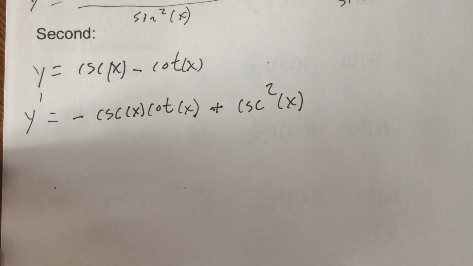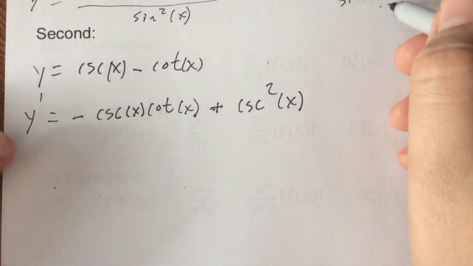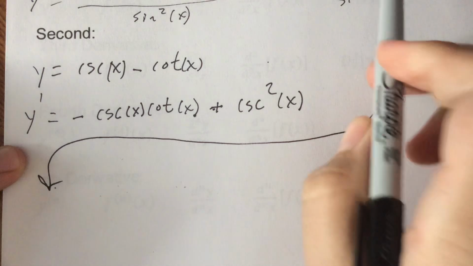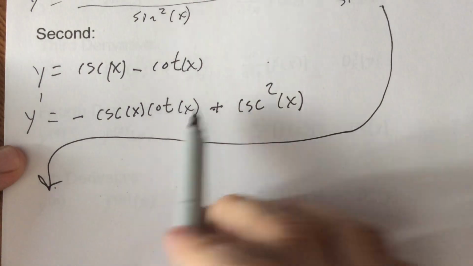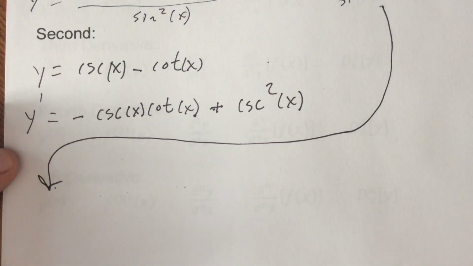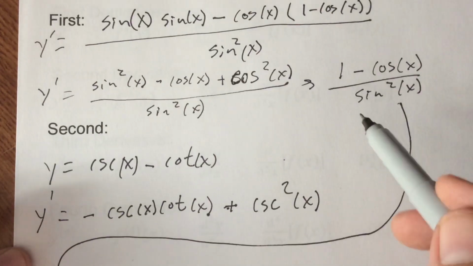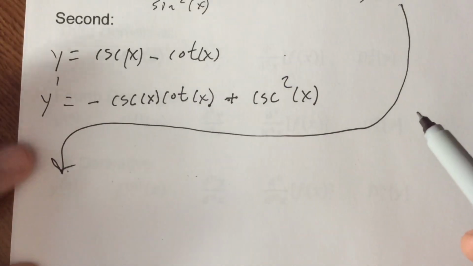Now, what I'm going to do is come back to this up here, and I'm going to show that if we keep going with this, we're going to get this here. I just ran out of space. So I'm going to keep going with this one here.